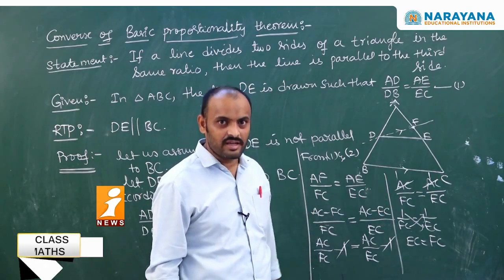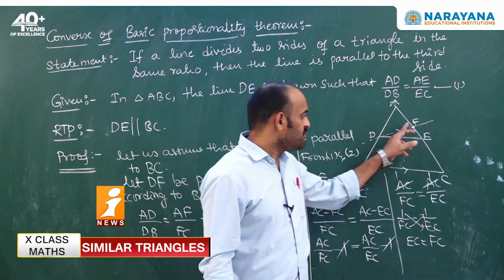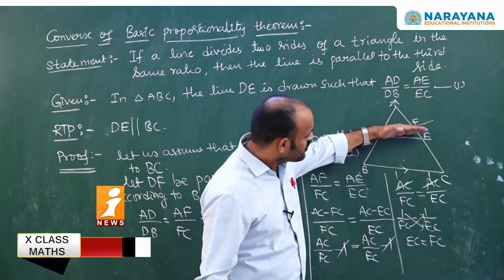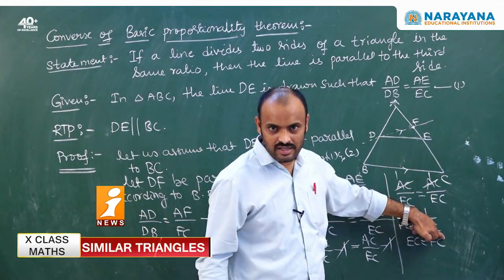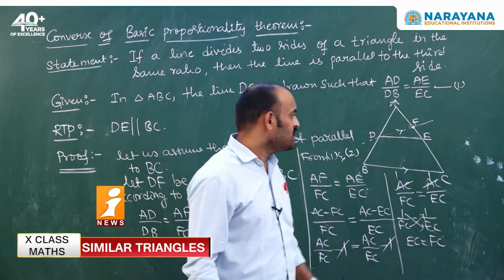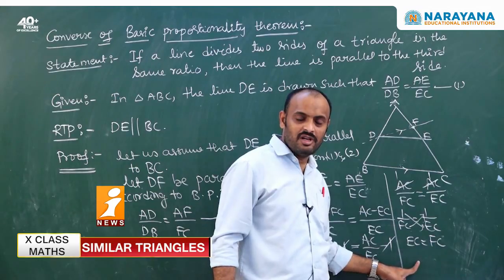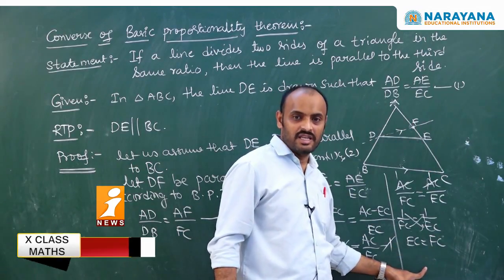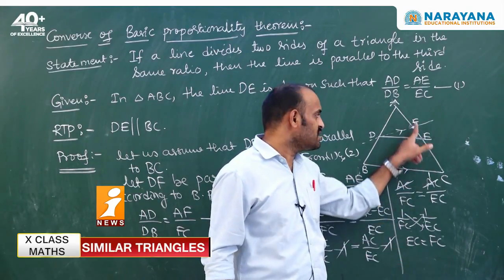But there is one possibility: if F coincides with E, then FC will be equal to EC. Therefore, you should write here that it is possible if and only if F coincides with E.